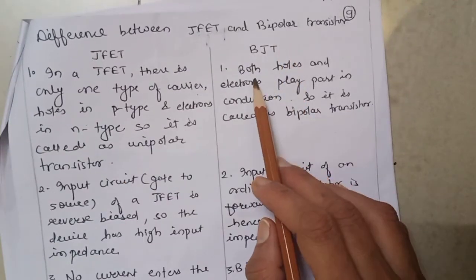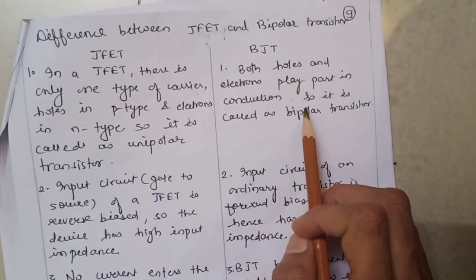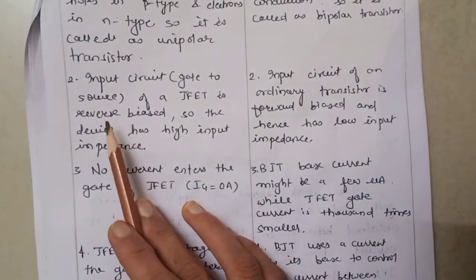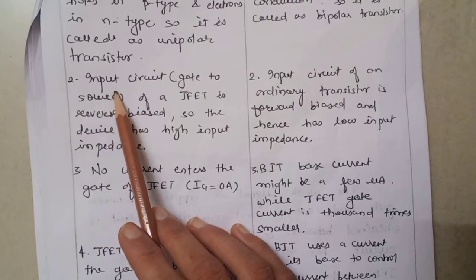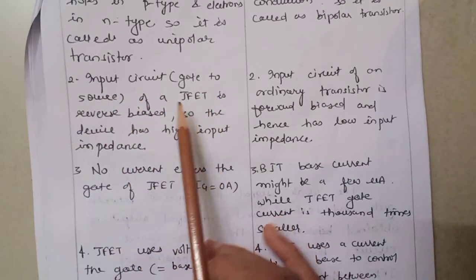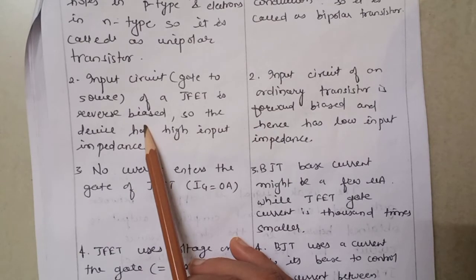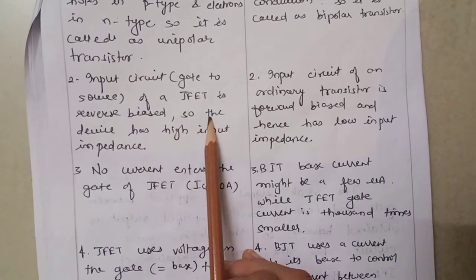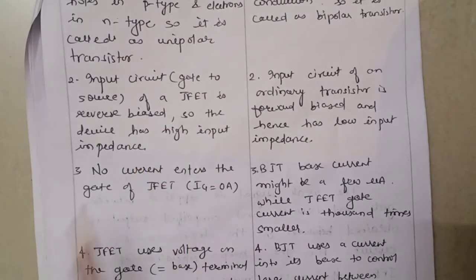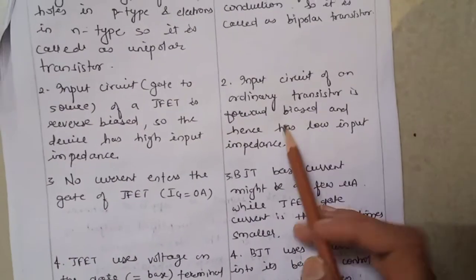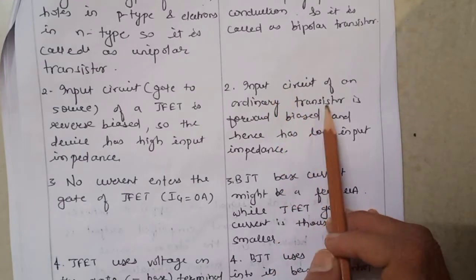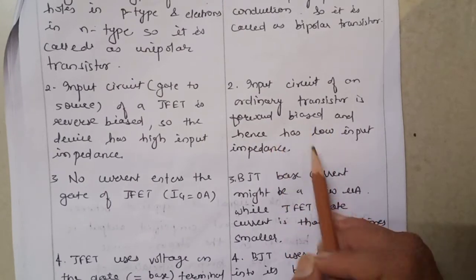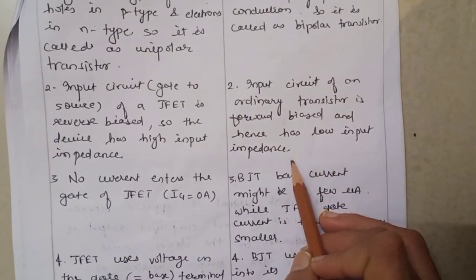In BJT, both holes and electrons play a part in conduction, and that is why it is called a bipolar transistor. The second important difference is that the input circuit of JFET is reverse biased, so the resistance is high, and the device has high input impedance. But in an ordinary transistor the input circuit is forward biased, and hence it has low input impedance.